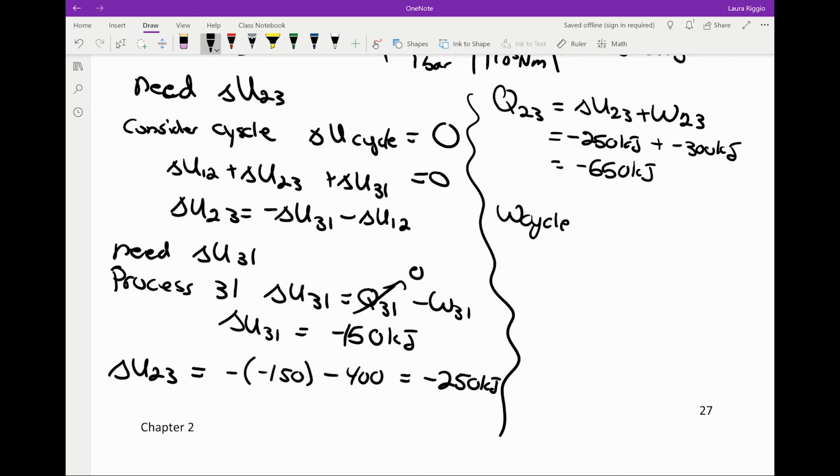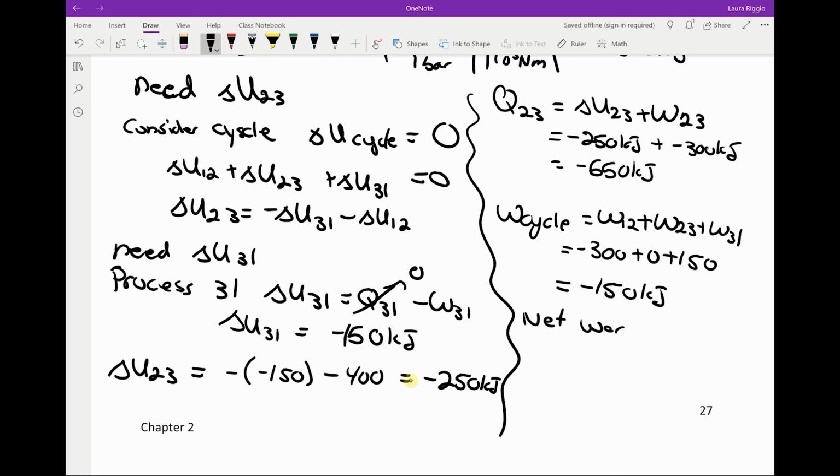So W cycle is equal to the work from 1 to 2 plus the work from 2 to 3 plus the work from 3 to 1, which is minus 300 plus 0 plus 150, which equals minus 150 kilojoules.